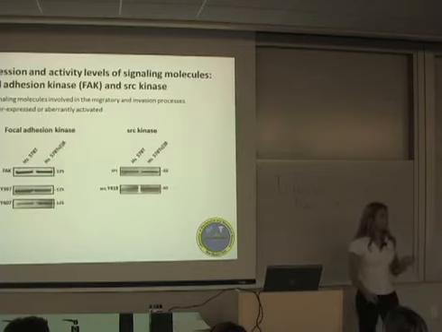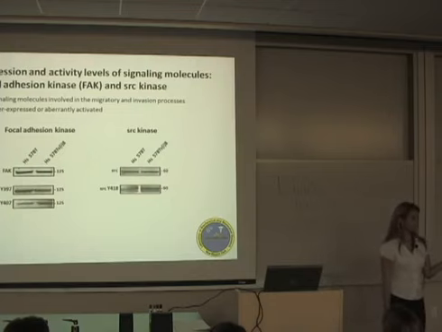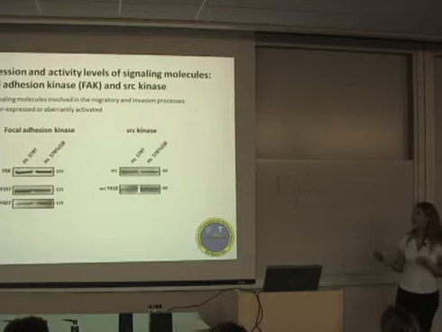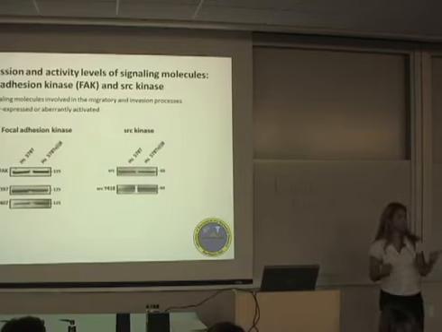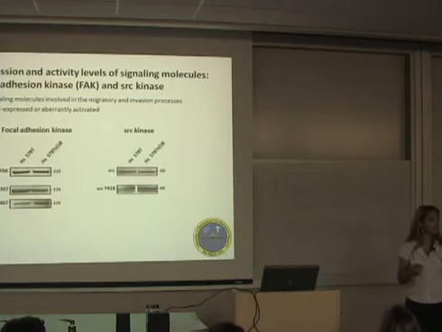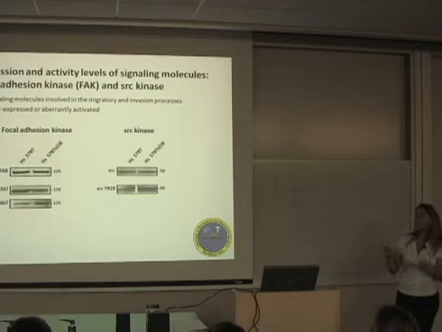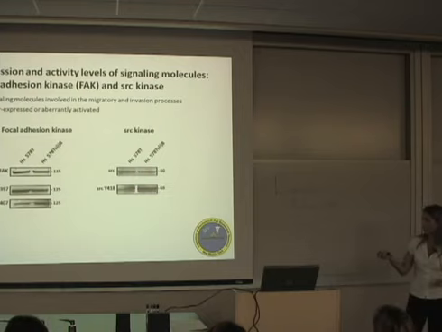By looking at previous research, we found that these two molecules, focal adhesion kinase and Src kinase, are expressed and are involved in the migration activity of these metastatic cells. So we decided to perform Western blotting to see the activation of these molecules in our cell lines. But we didn't see much difference between the two cell lines, as you can see here.